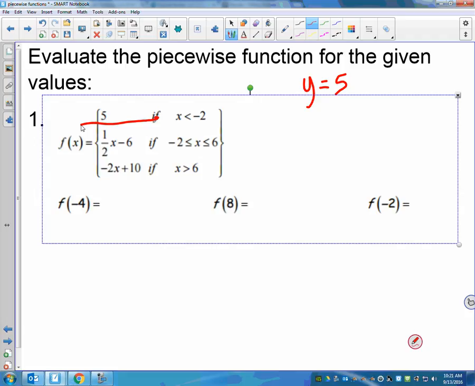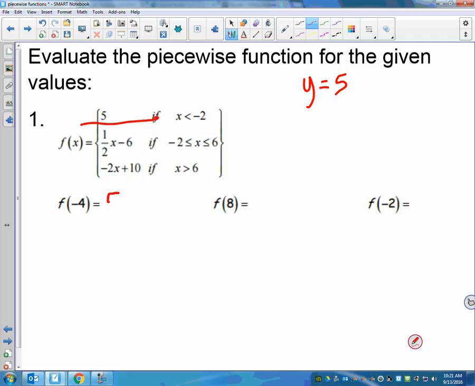Where 5 on the y-axis all the way across. It's just a horizontal line. So at every point, do you agree that the y is just 5? So when x is -4, do you agree that the y is just going to be 5? It's nothing to do with these two, because -4 only applies to that section of the graph.